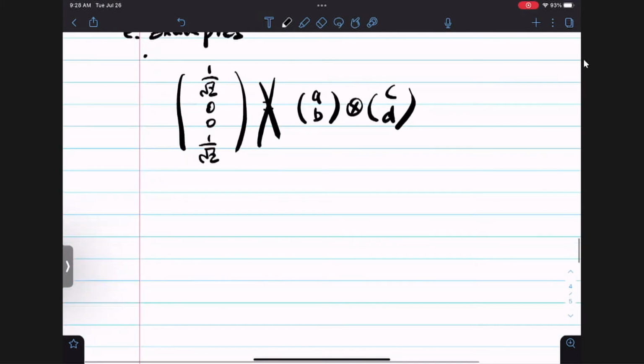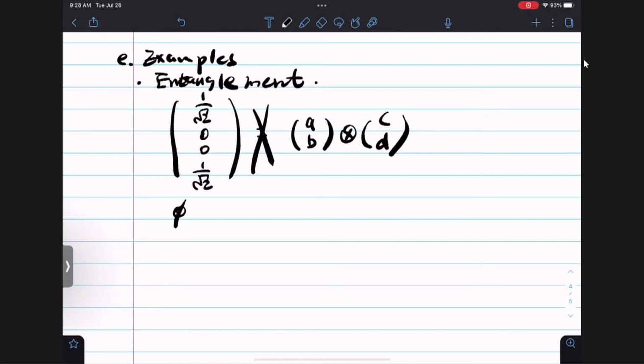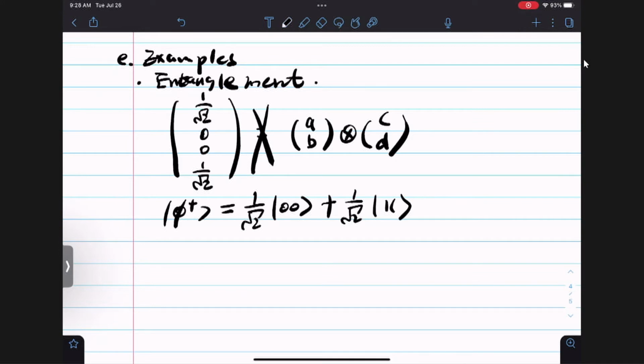And this actually illustrates what physicists call entanglement. And this particular state, let me denote it as phi plus. This is the famous EPR pair. So in Dirac notation, it's just 1 over square root 2, ket 00 plus ket 11.